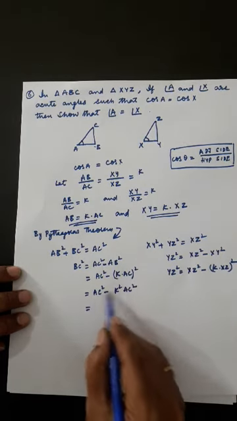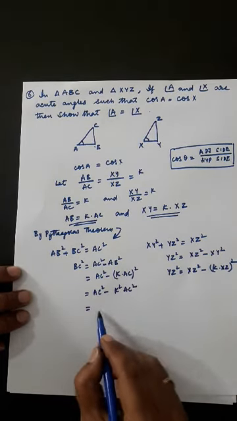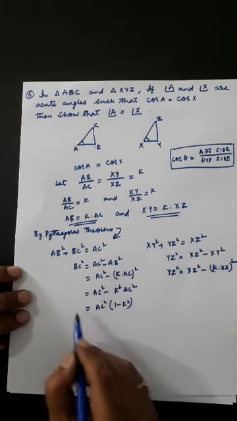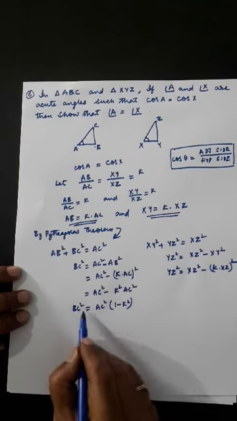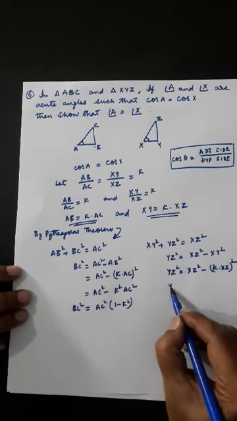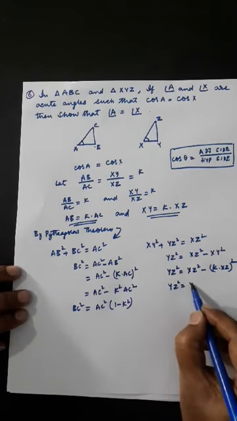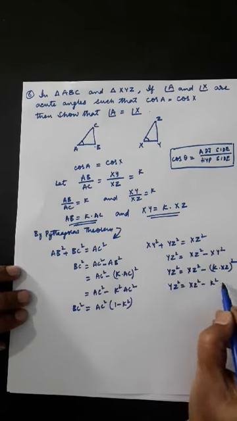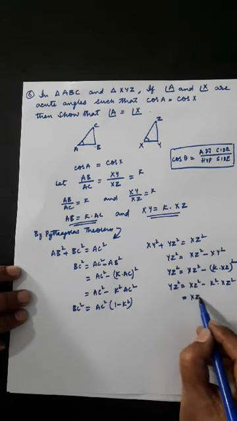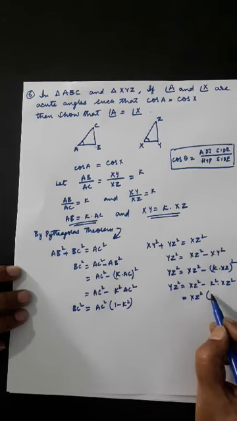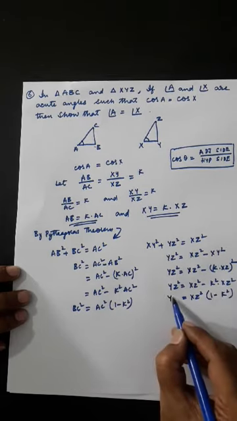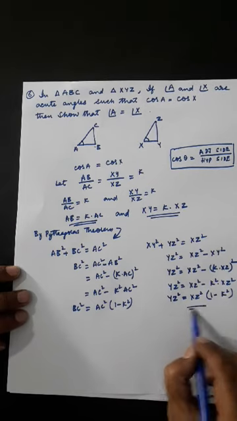Taking AC square common, BC square equal to AC square into 1 minus k square. Here YZ square equals XZ square into 1 minus k square.